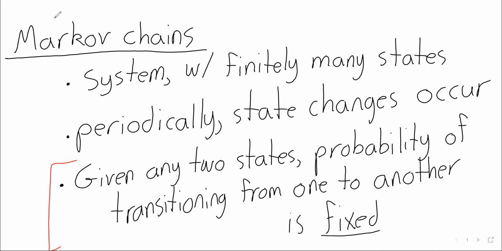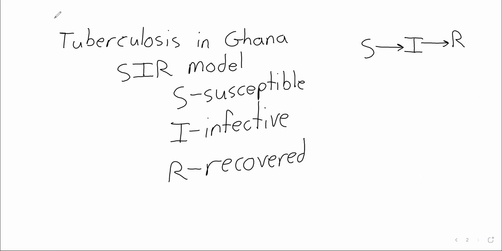Are the transition probabilities fixed? I mean, presumably, absent any kind of medical care, the probability from going from I to R is fixed.